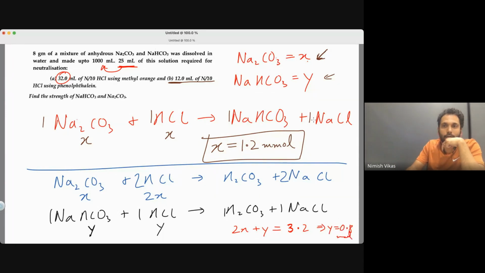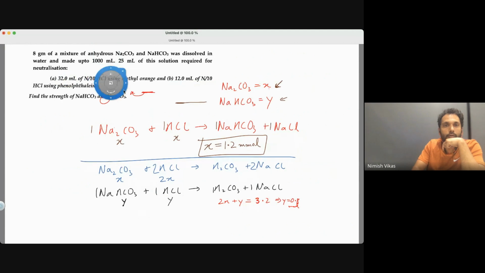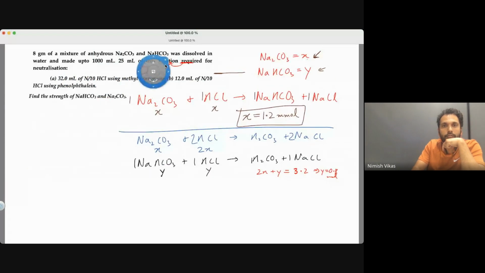Now for the actual question, to get the final answer, you have to say in that 1000 ml, that means in the 8 grams. Oh, so it is not even pure. Have they asked the purity or what? It may not even be pure.